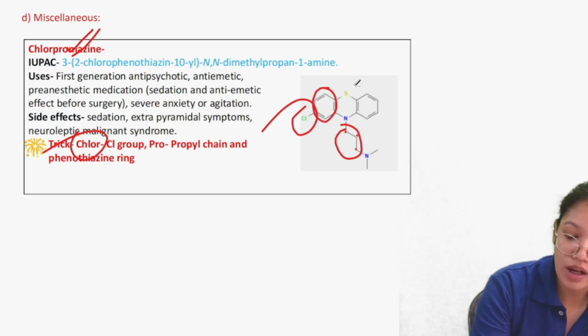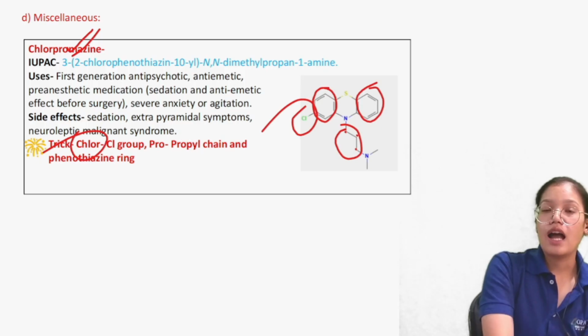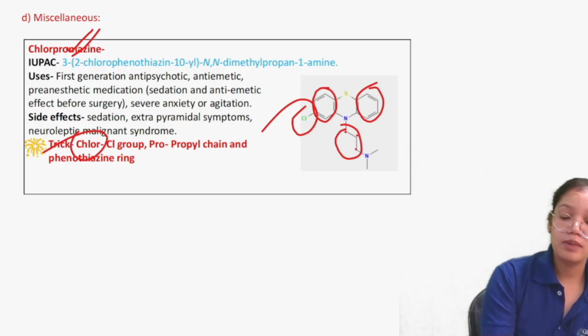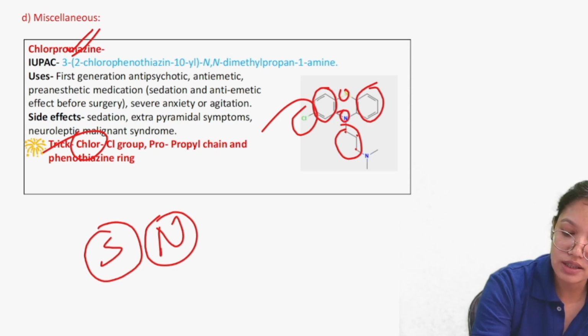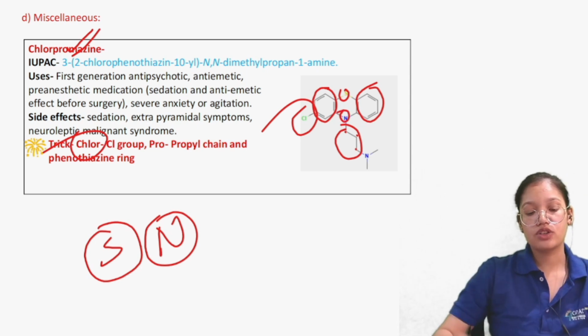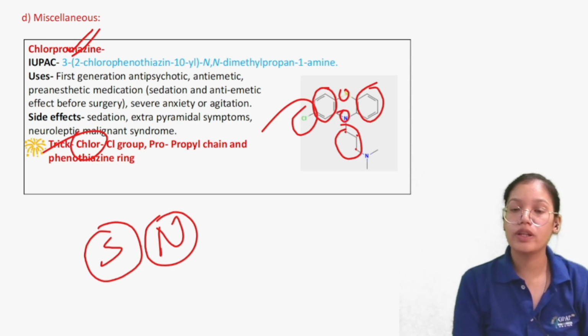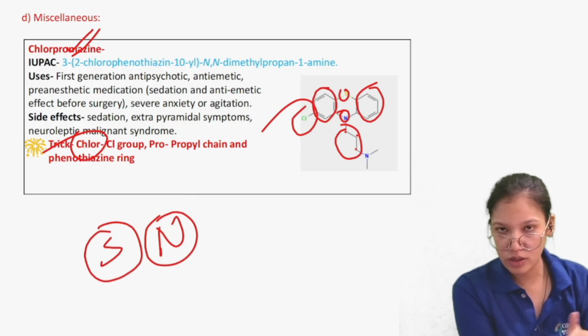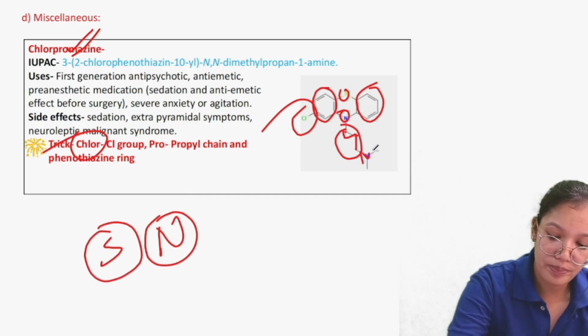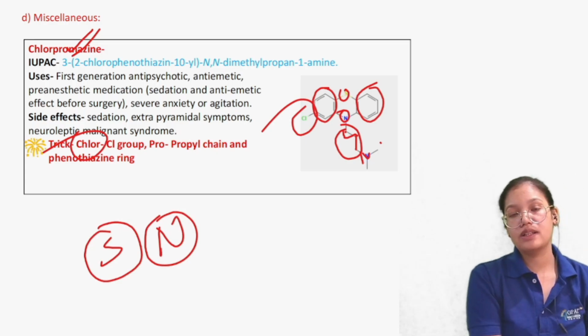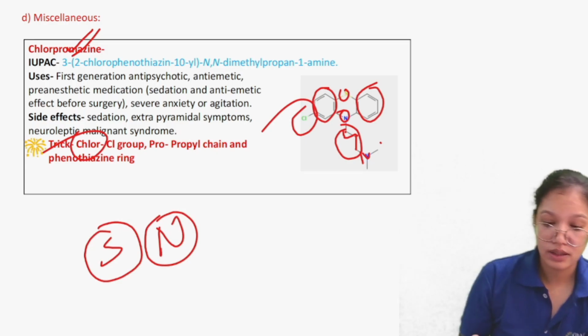Phenothiazine means we have a phenyl ring and a thiazine. Thia means sulfur, azine means nitrogen. So here we have a thiazine. This is the structure of phenothiazine along with a chlorine group attached to the phenothiazine ring. Then we have a propyl chain that is attached to an amine on the other side. So that is the structure of chlorpromazine.